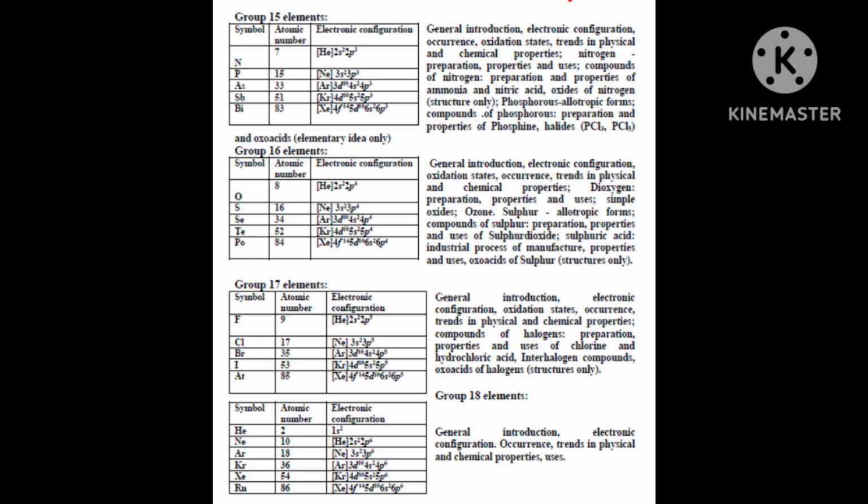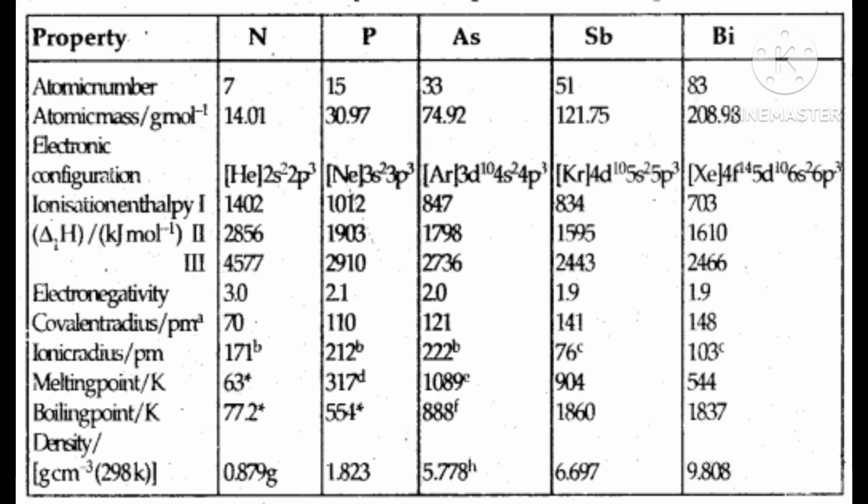In N you have seen +5, then in NO3 1 minus there is 3 coordination with a pi bond involving one nitrogen p orbital. Nitrogen has 3 p orbitals, then one electron.